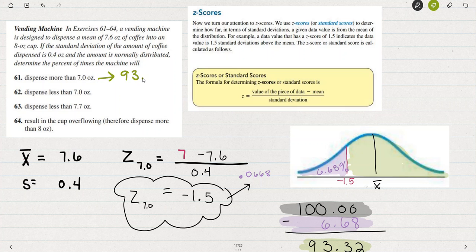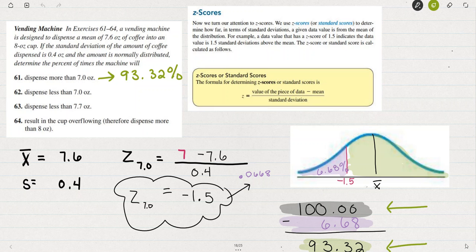So that's 93.32%. Again, what I did was subtract that 6 68/100ths from the 100 to get 93.32.